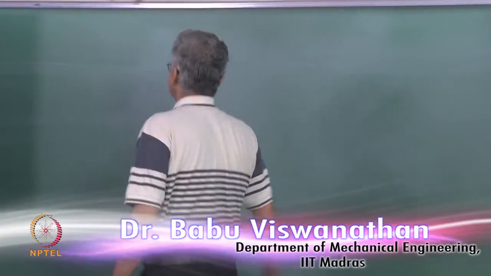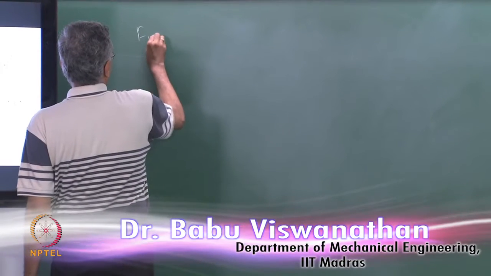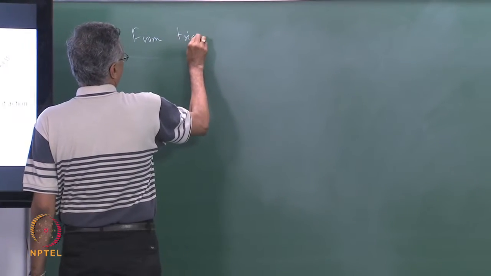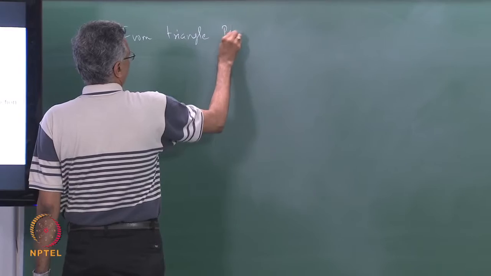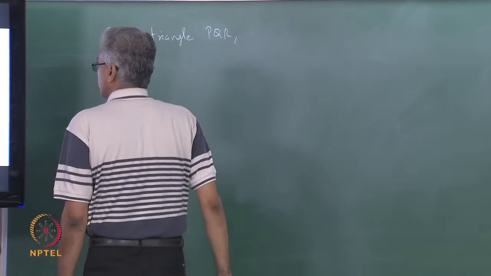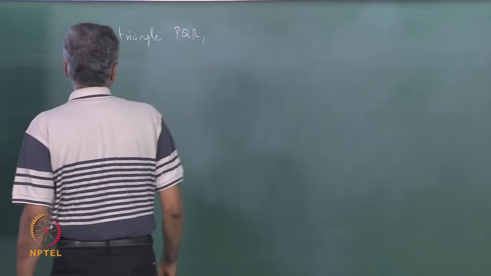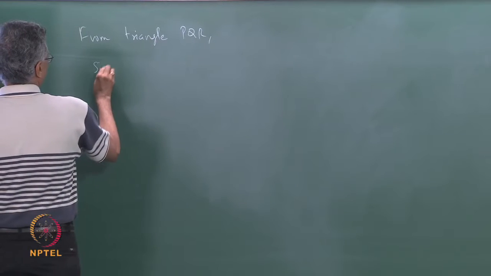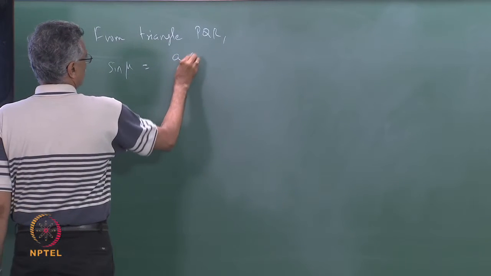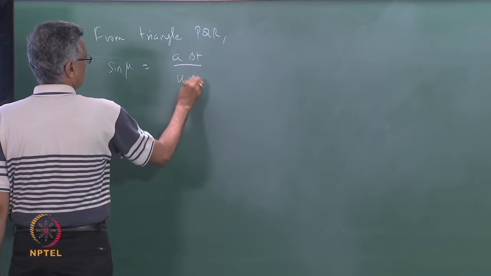So from triangle PQR in this figure, we can see that sine mu is equal to a delta t divided by u delta t.